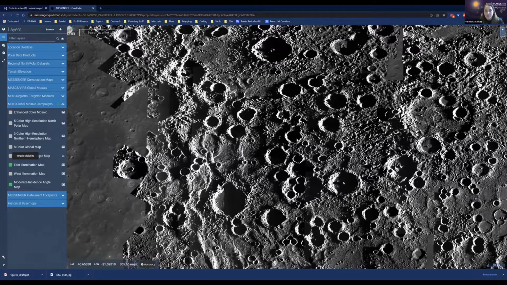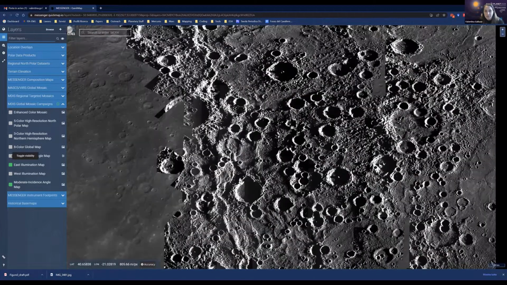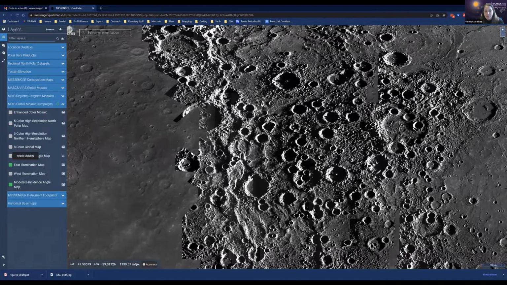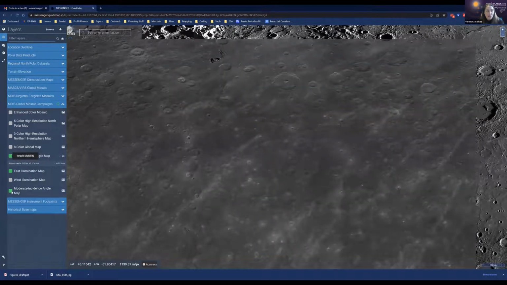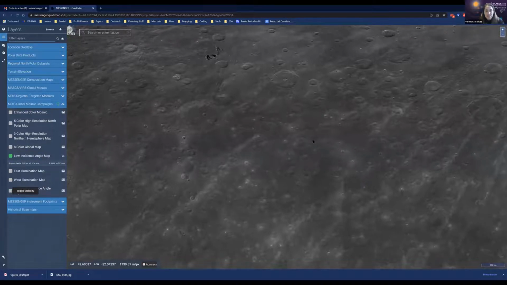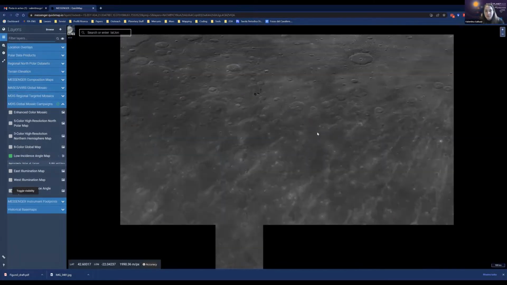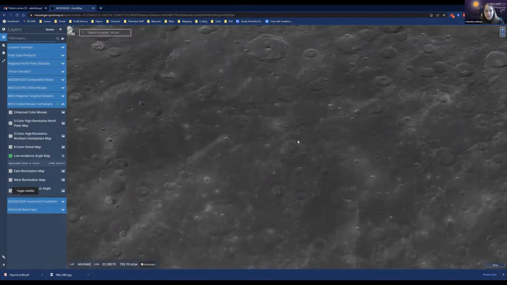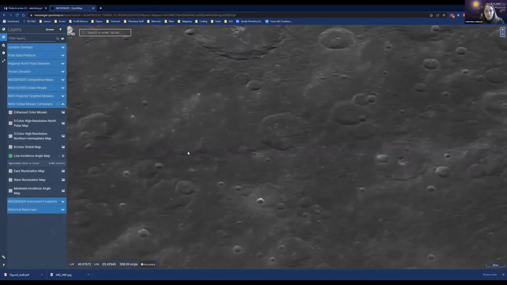It is very cratered, because the contrast between high incidence angles and low incidence angles is very high in this case. But this low incidence angle base map is still very useful, because sometimes it enhances some structures which are oriented in an east-west direction, which are not visible in other base maps.